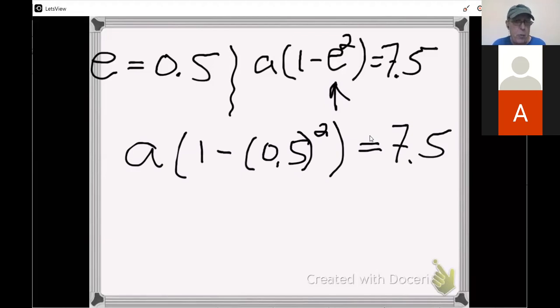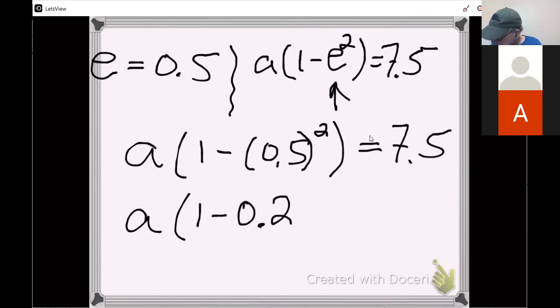And what's 5 squared? 5 times 5. 25. Okay, so 0.5 times 0.5 is going to be 0.25. So we get A times 1 minus 0.25 equals 7.5.